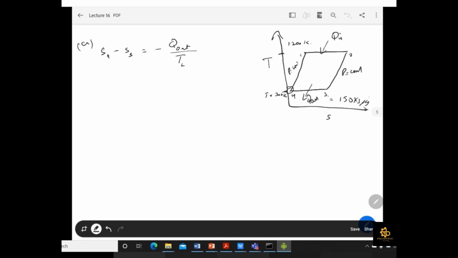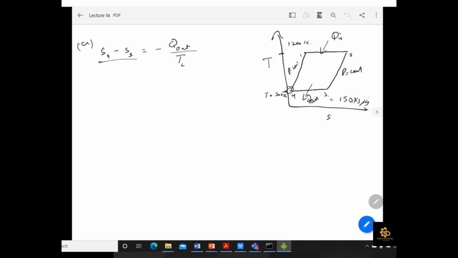Q out is given in your question, so we can easily find the change in entropy. It will be minus 150 over 300 Kelvin, and solving, it is going to be minus 0.5 kilojoule per kg Kelvin.